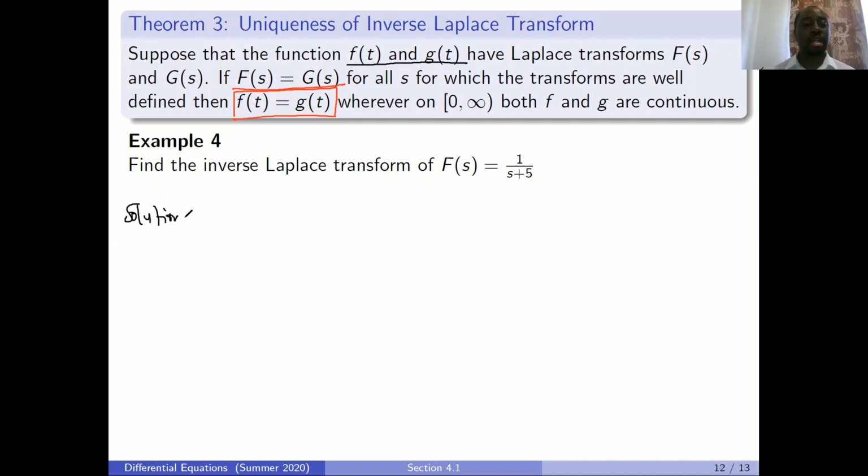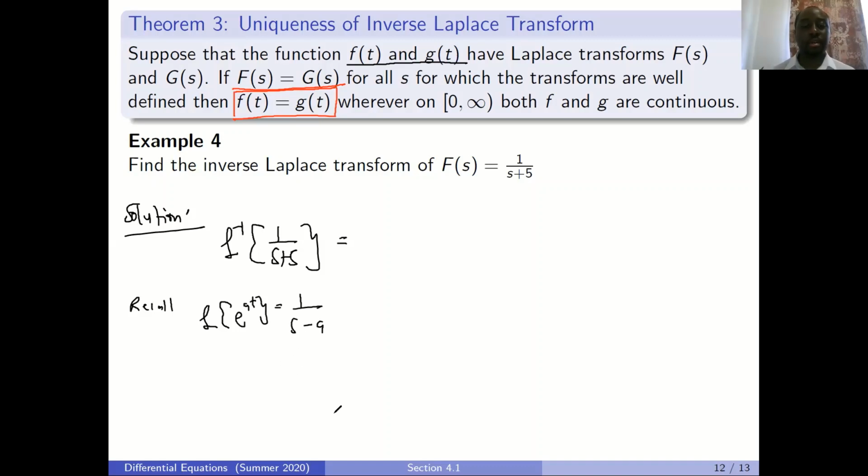Based on the properties that we have studied so far, the building blocks, we are interested in finding the inverse transform of 1 over s plus 5. So the question is, what function has this Laplace transform? Now recall that the Laplace transform of e to the at is 1 over s minus a.